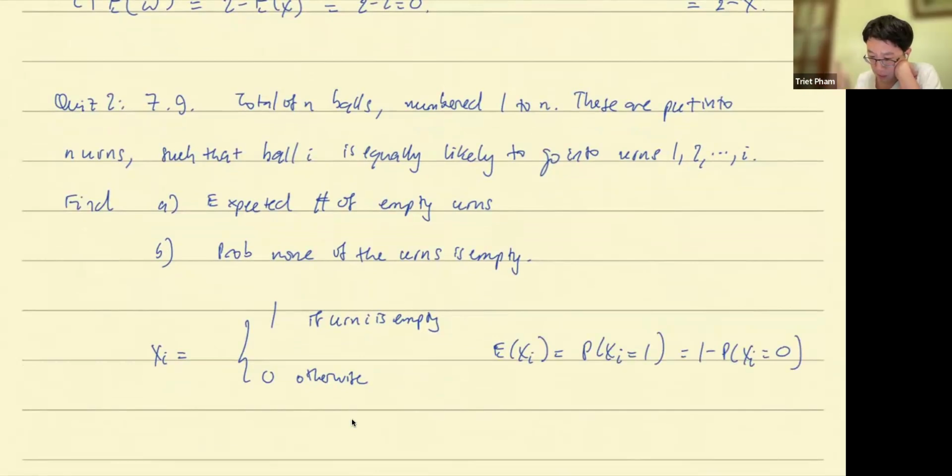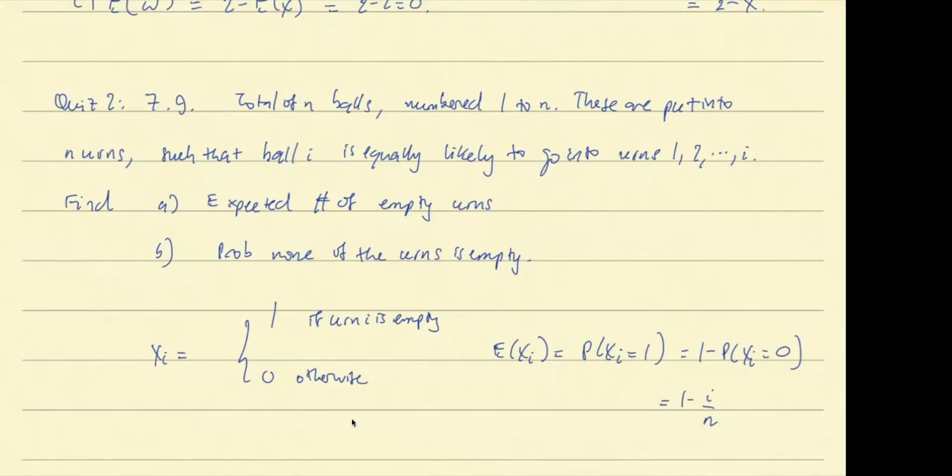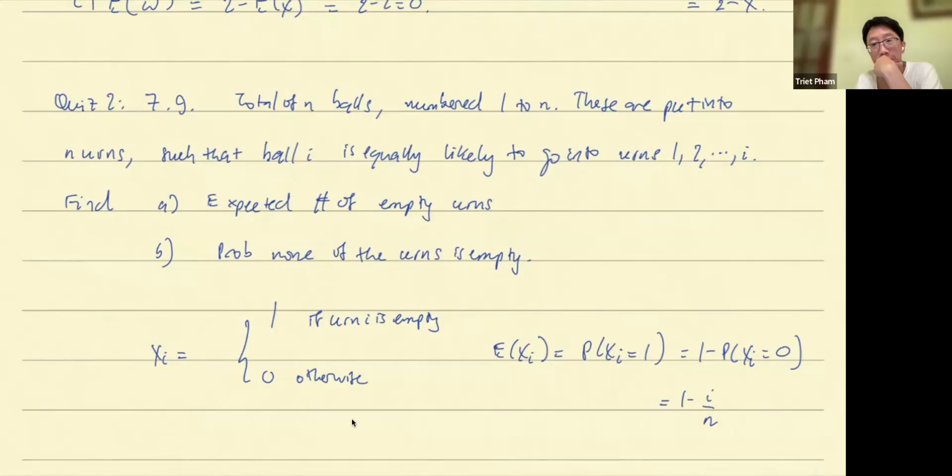Wait, hold on. Say that again. It's 1 minus i over n. Is that what you said? Okay. What's the reason? Why does xi equal to 0 mean something is in urn i? You claim that that's i over n.